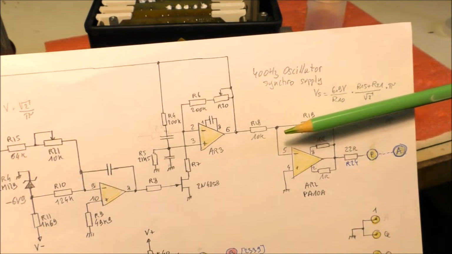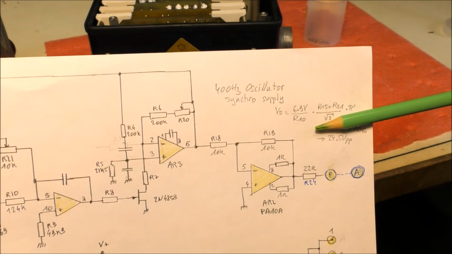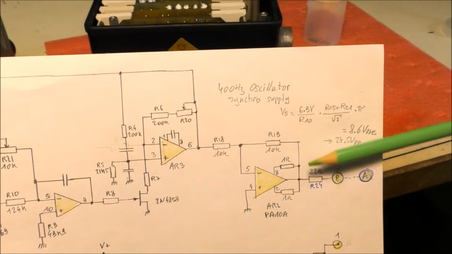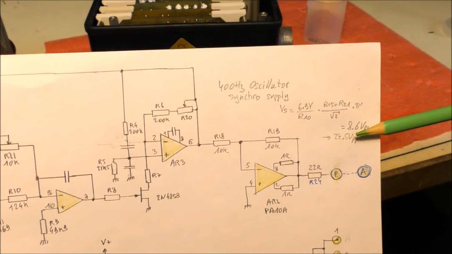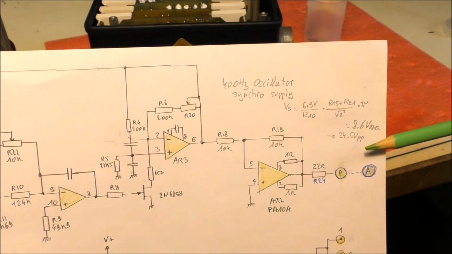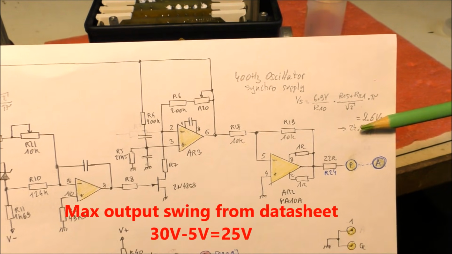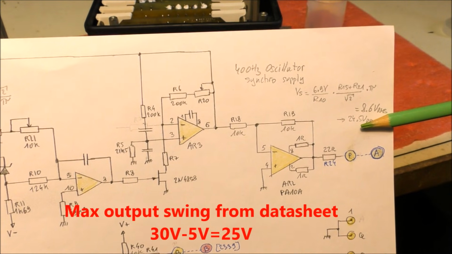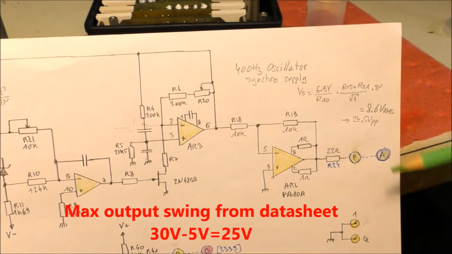This permits to calculate the output RMS voltage here, which is after calculation 8.6 volts RMS. This corresponds to a voltage of 24.5 volts peak to peak.